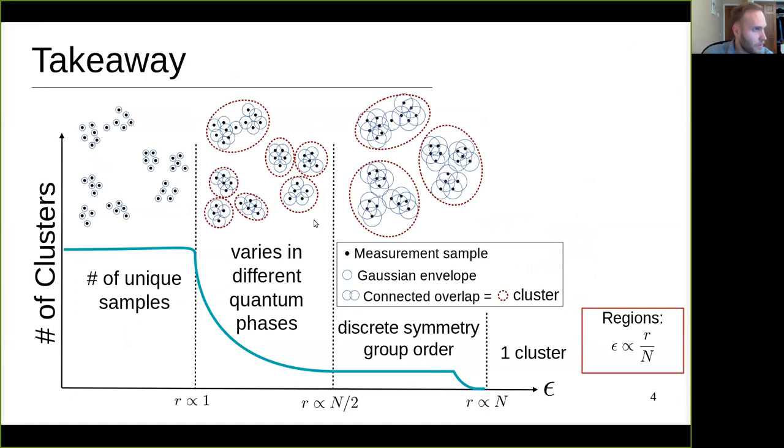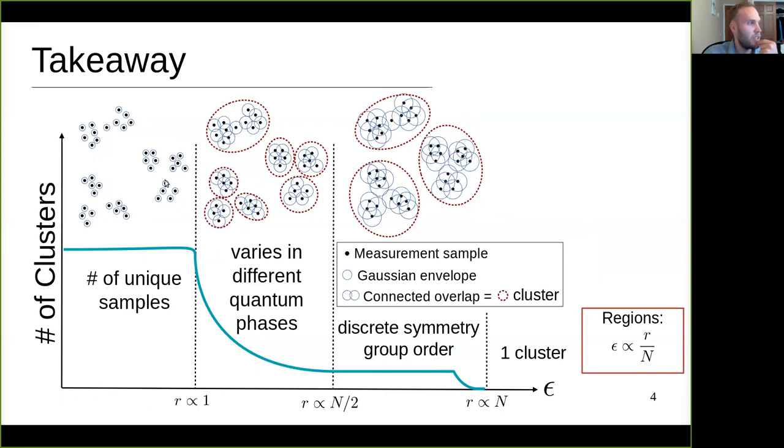The number of clusters that you get in each of these regions of epsilon is very important for determining the physics that's happening. For very low epsilon, you just have the number of unique samples, because it is only privy to a number of spin flips that is very low, like 1 or less.